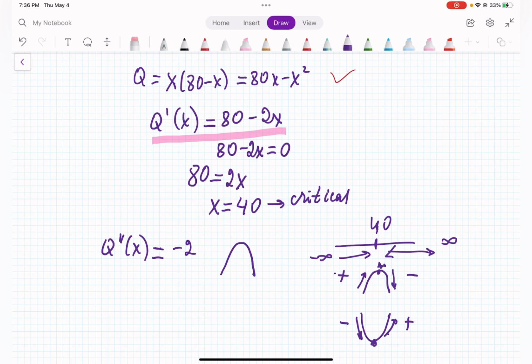Let's assume the graph is symmetric. If I draw this graph, here the slope is positive because it's rising.